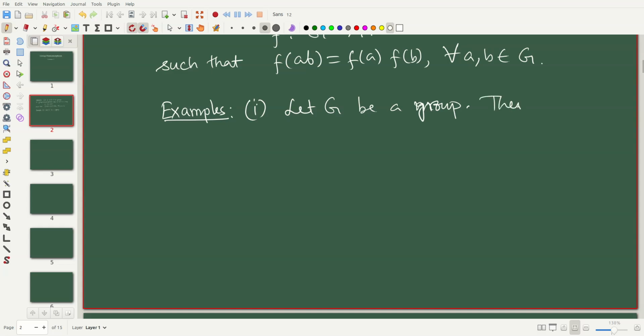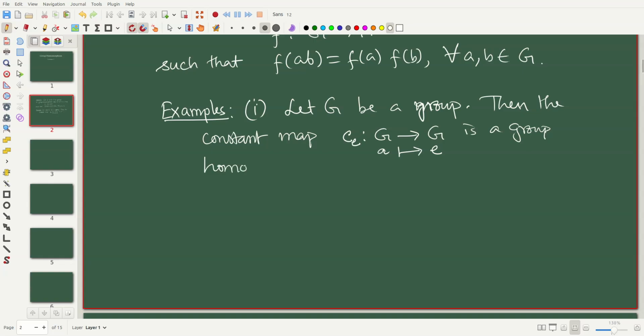The constant map from G to G, sending everything to the neutral element of G, is a group homomorphism, called the trivial group homomorphism.